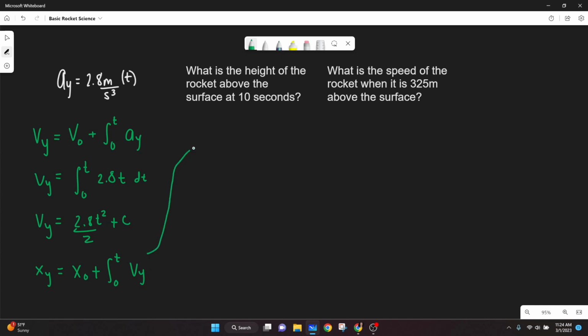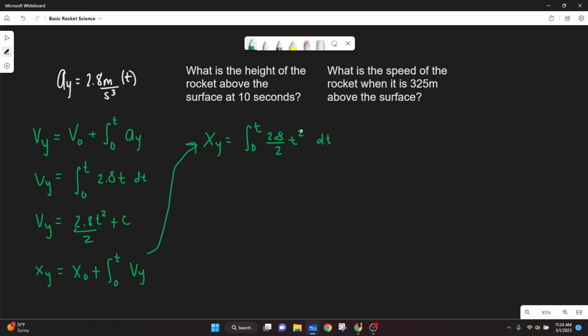And so the position will be equal to, again, the initial position is 0, so we don't have to worry about it. We really just want to integrate from 0 to t of 2.8 divided by 2 t squared dt. And so the integral of this, again, we just apply the same rule.